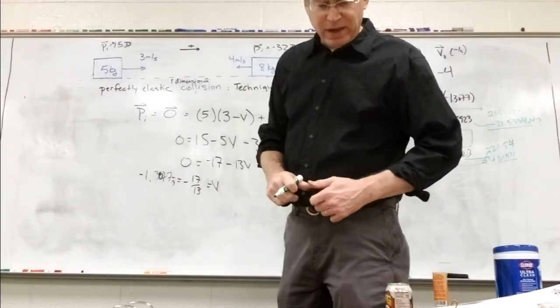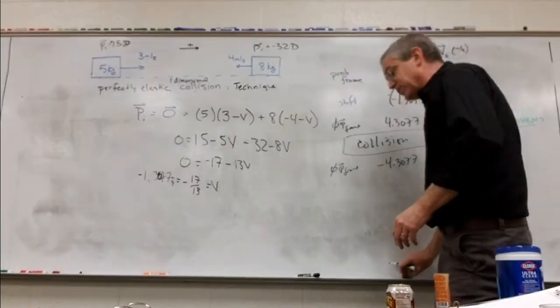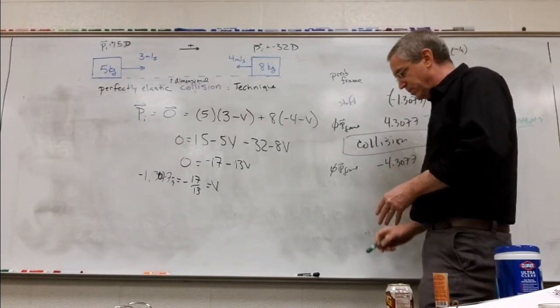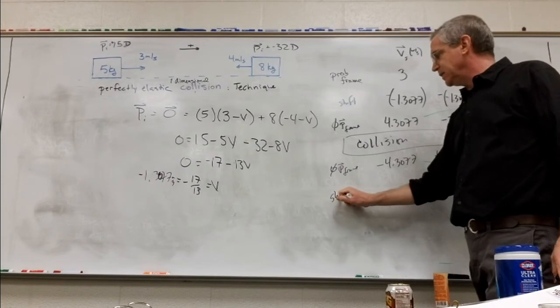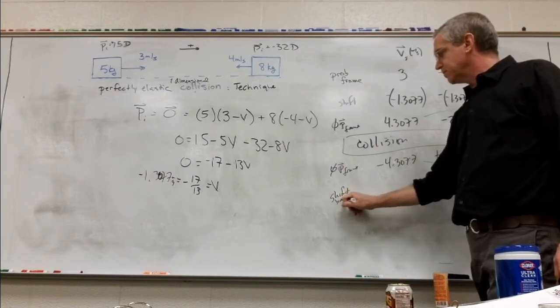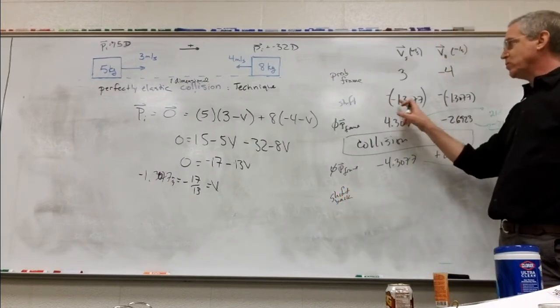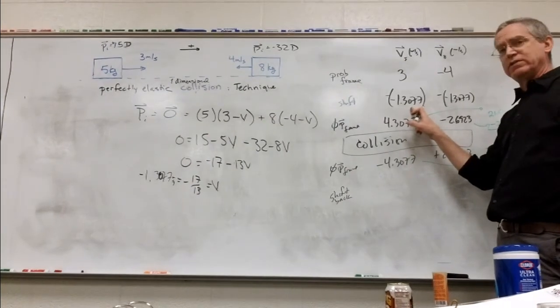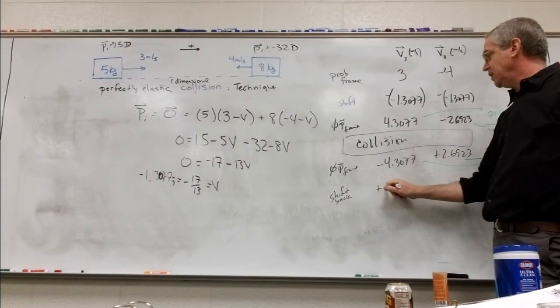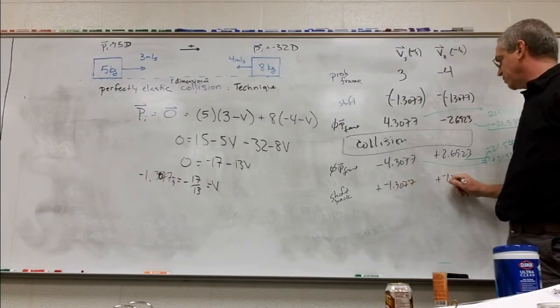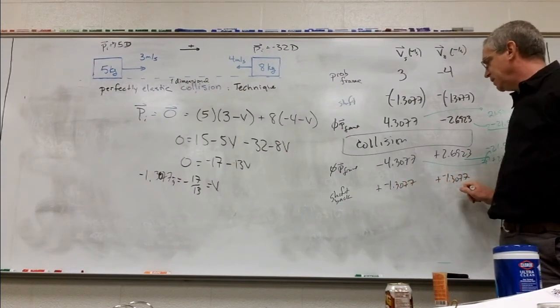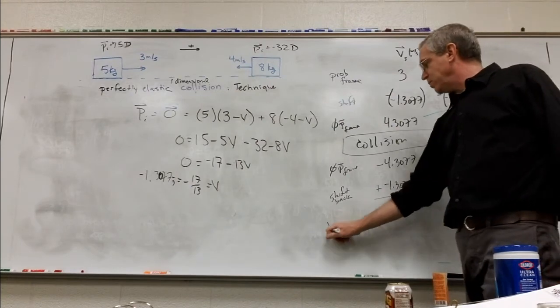Now, we can't leave the answer there. The answer needs to be in the same reference frame as the initial problem. And so what I need to do is shift back. So before I subtracted negative 1.3077, now I'm going to add plus negative 1.3077. And then I'm back to the problem frame.